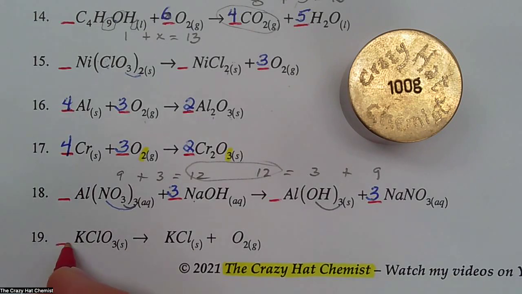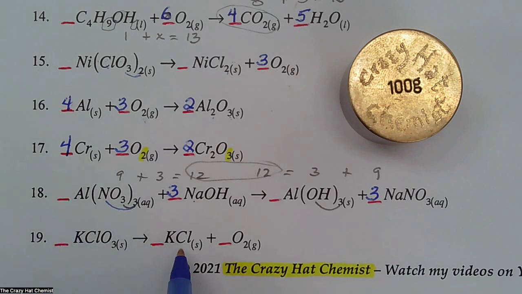Perfect. Number 19, our final problem here, folks, that we're going to balance, and this is a decomposition reaction. This is potassium chlorate, produces potassium chloride and oxygen. 1 potassium on the reactant side, 1 on the product side. 1 chlorine on the reactant side, 1 chlorine on the product side.